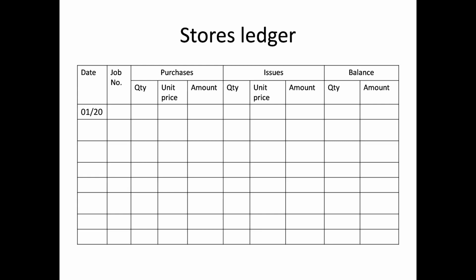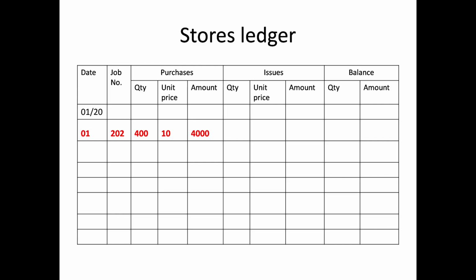Receipts of inventory 1st of January under date 1st. Quantity 400. Job number 202. So under job number enter 202. At 10 per unit. Unit price is 10. Now calculate the amount. 400 into 10, it's 4000.